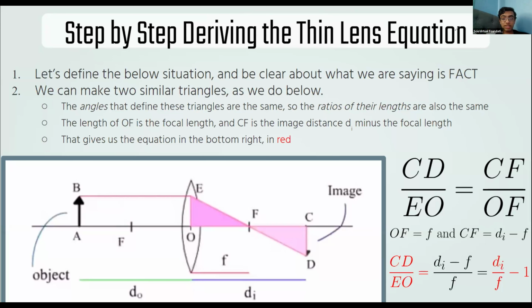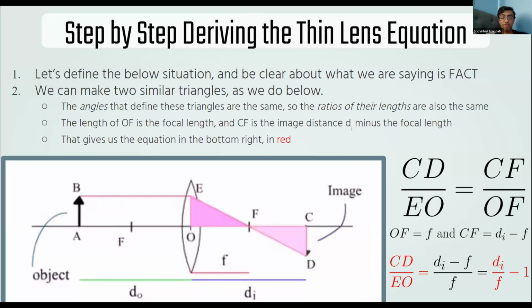So the ratio of CD to EO, which is the height of these triangles, should be equal to CF to OF, which is the length of these triangles. This is just a product of the similarity of these two triangles.